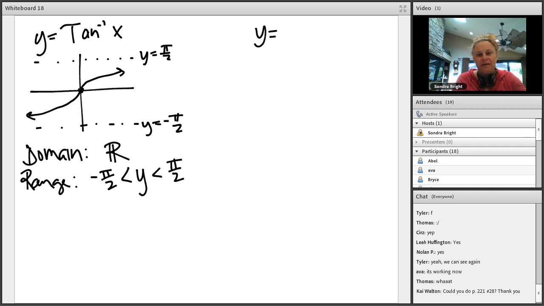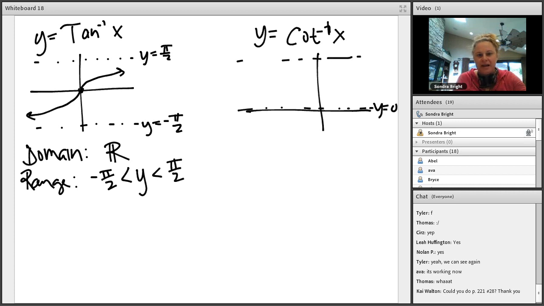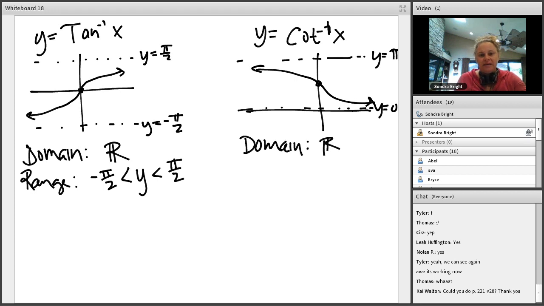And then inverse cotangent looks like you got an asymptote at y equals 0. You got an asymptote at y equals pi. And it goes whoop and whoop like that. And so your domain is all real numbers, and your range is from 0 to pi.